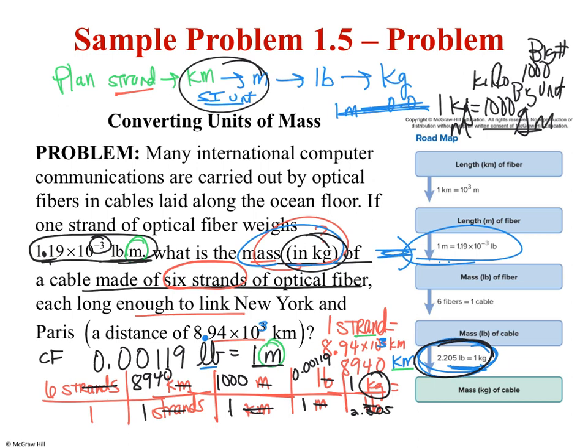So now you do 6 times 8940 times 1,000 times 0.00119 divided by 2.205. And that gives 28,948.57 kilogram.